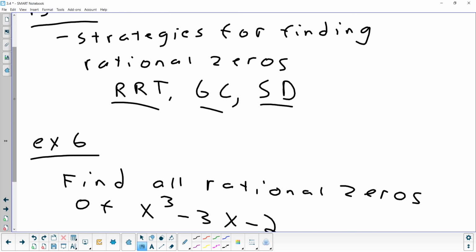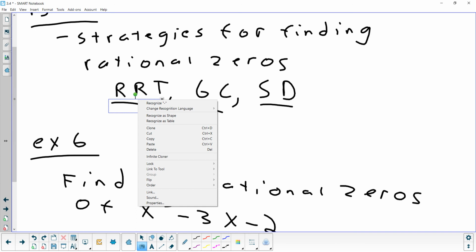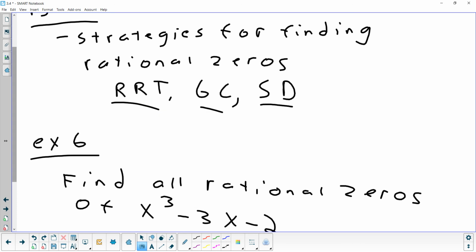So the strategies for finding the rational zeros in a polynomial. Step 1 is use the rational root theorem to generate a list of possibilities. Step 2, use the graphing calculator to narrow that list down. Cross out the ones that don't make sense. Step 3, find one that does make sense.